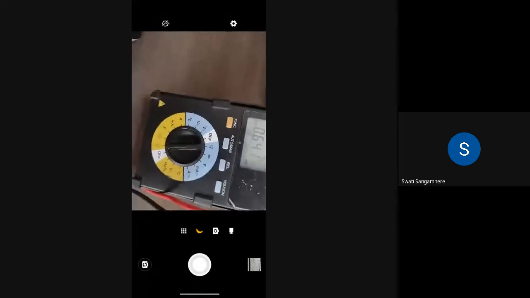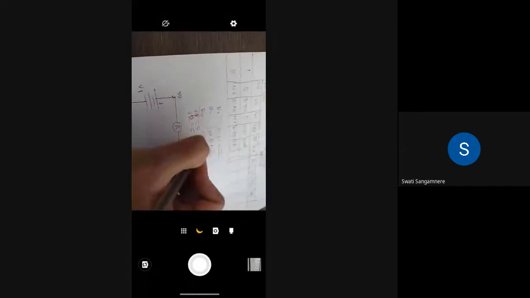See, the value of resistance R3 is 0.641 kilo ohm. So write down 0.641 kilo ohm. So this is in kilo ohm. You can convert it into ohm by multiplying by 1000. So the value becomes 641 ohm.